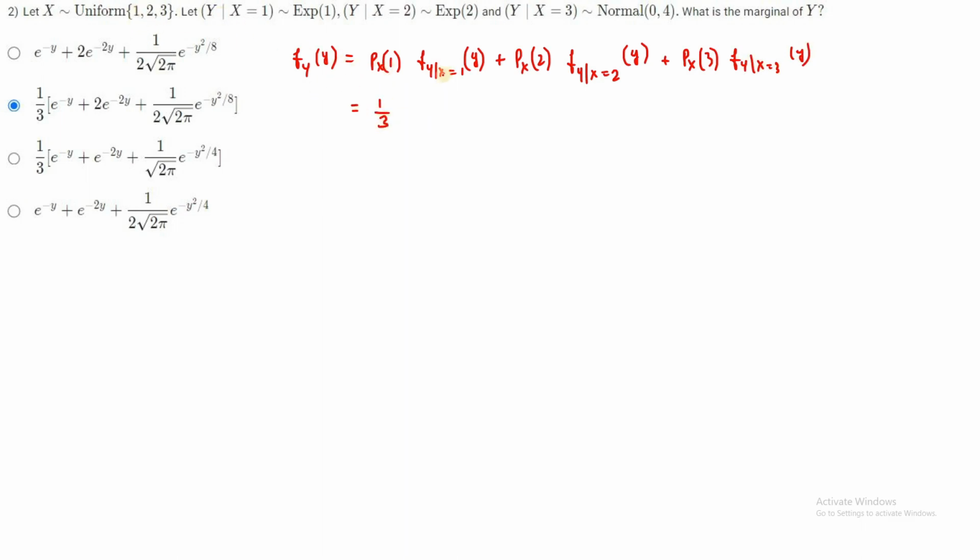So this is 1/3 into exponential 1, that is e^(-y), plus 1/3 into exponential 2, that is 2e^(-2y), plus 1/3 into normal 0,4, that is e^(-y^2/8) divided by 2 root 2 pi.